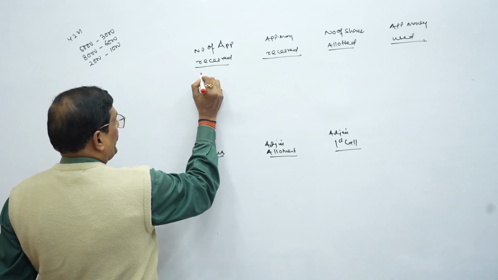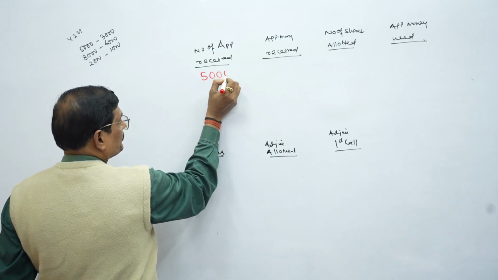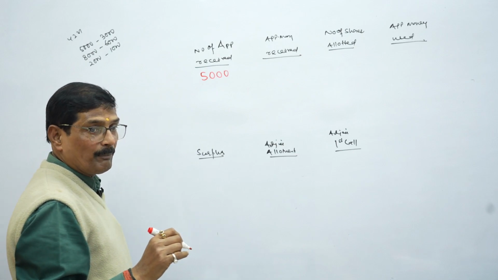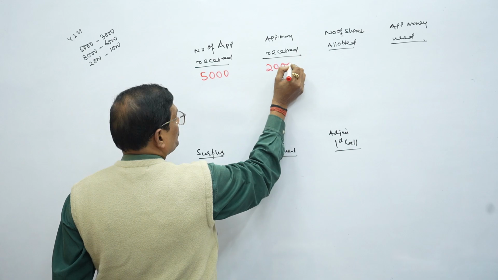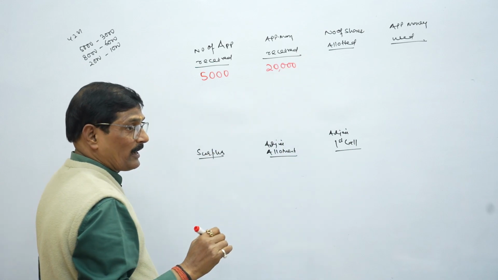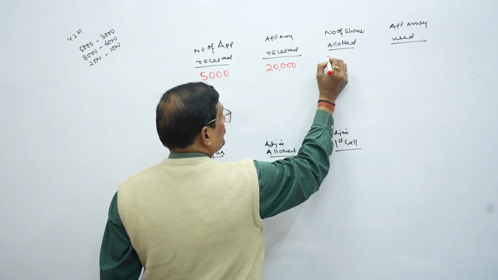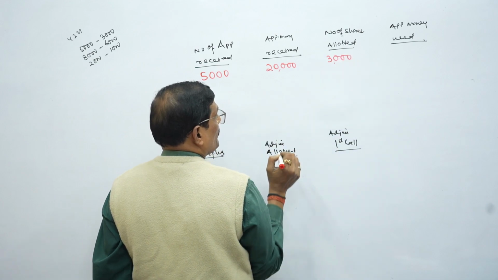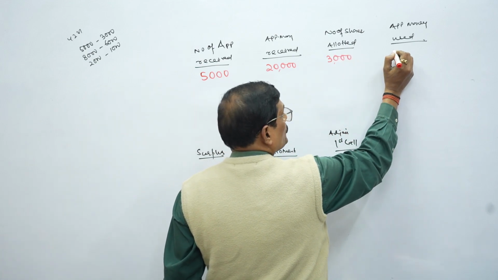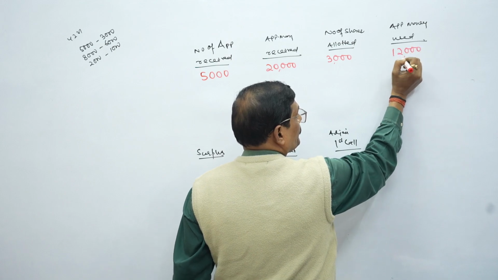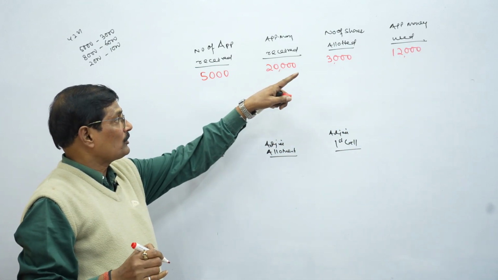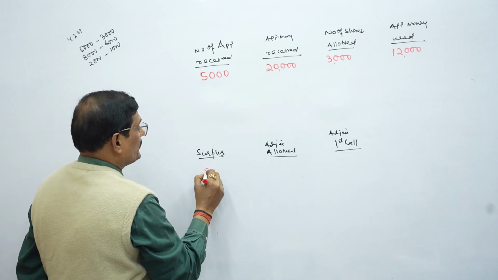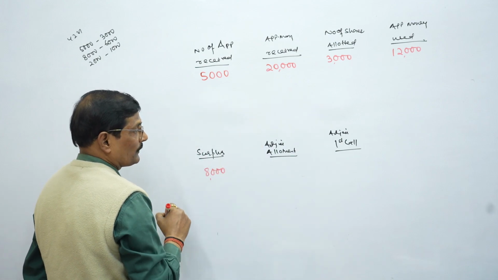Now in the first case, he has applied for 5,000 shares, must have given application money 5,000 into 4, that is 20,000 rupees. We have allotted 3,000 shares. We must have used 3,000 into 4, 12,000 rupees. Now there is a surplus of 20,000 minus 12,000, that is 8,000.